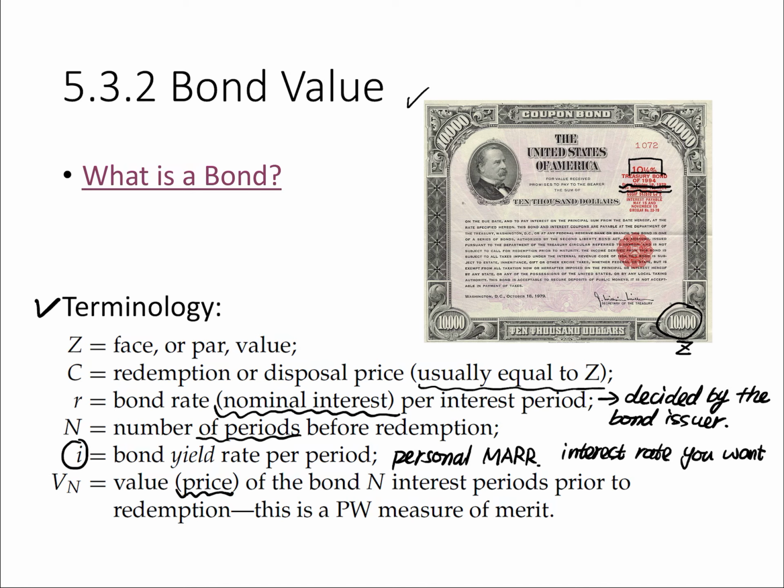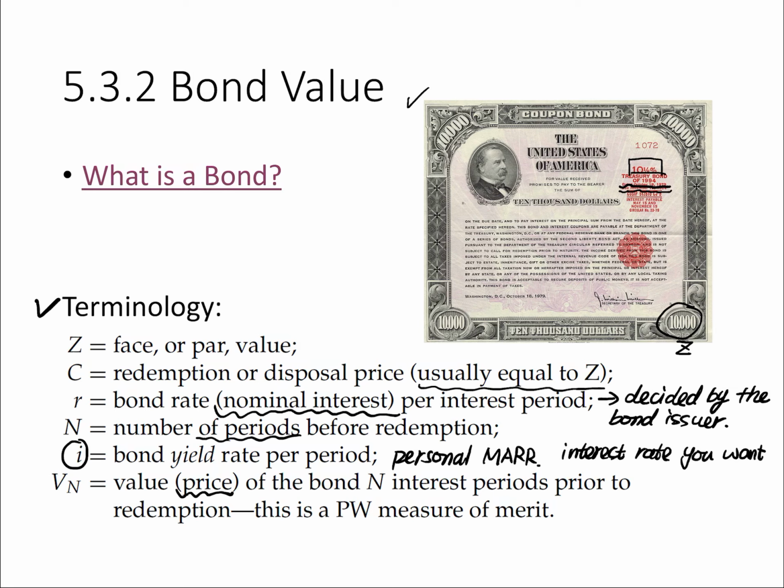The issuer is not silly. They want you to pay more. But there is a line there, which is the maximum price you can afford, okay? So that maximum price is something we call VN here, or the price you can afford. If you pay more than that maximum price, the chance for you to lose money is high.